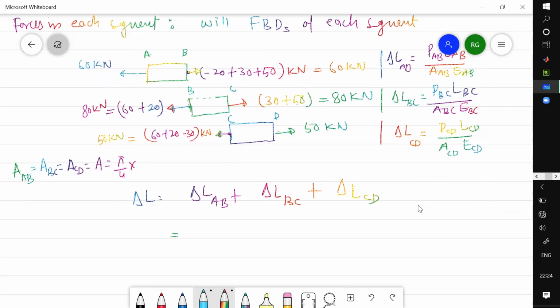So that would be pi by 4 d squared, 25 squared, and this becomes 490.87 mm squared.